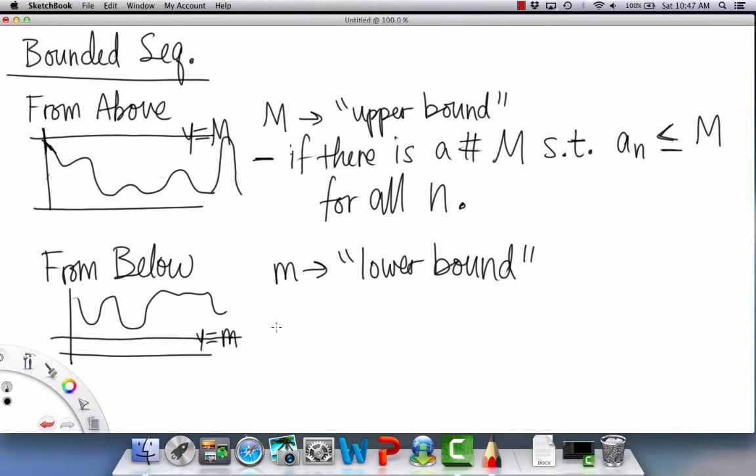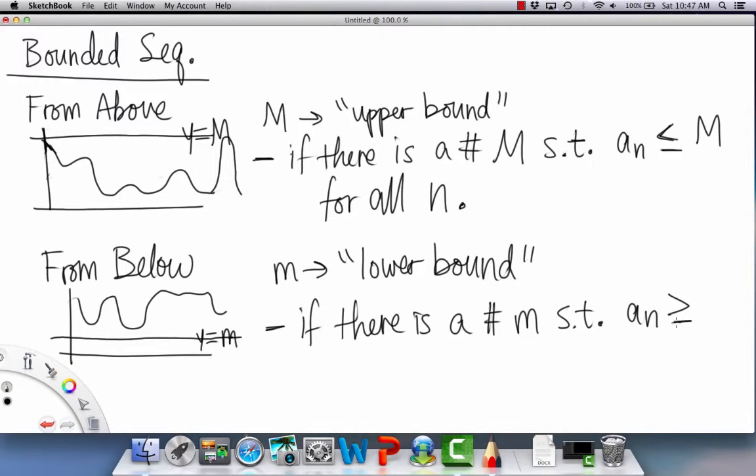Similarly, this is if there is a number little m such that a_n is always greater than or equal to little m. So it just has to stay above this line. That's the whole concept behind it, and this is again for all n.